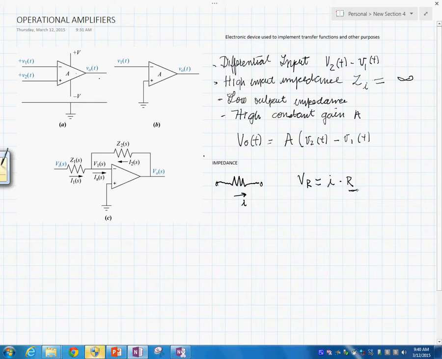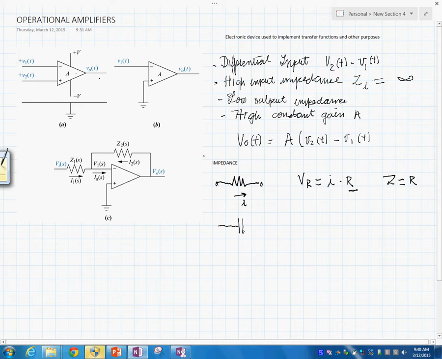So this one is very obvious. So Z for this element is actually R. The impedance is R.